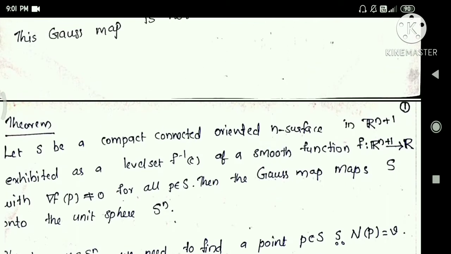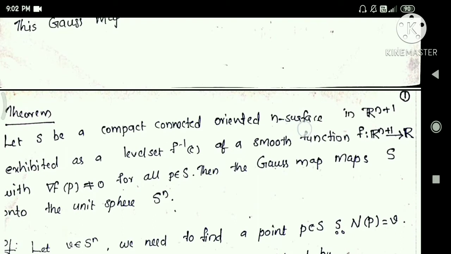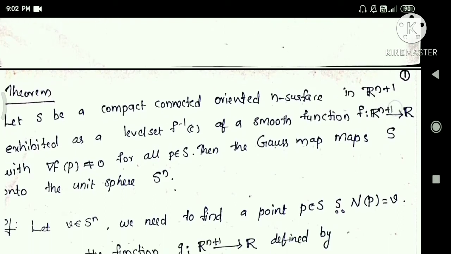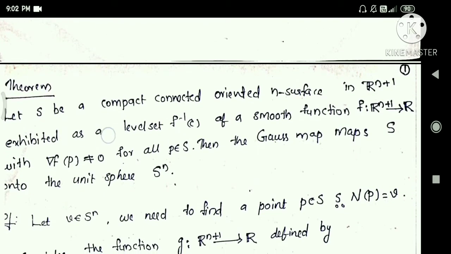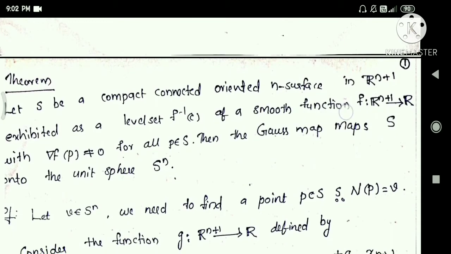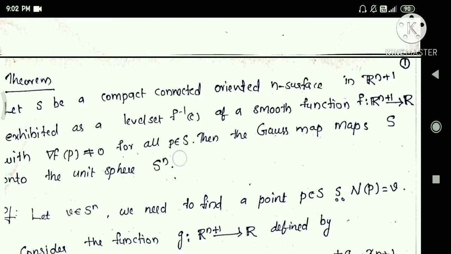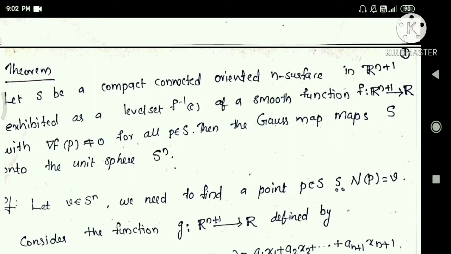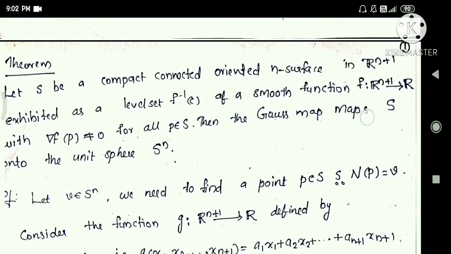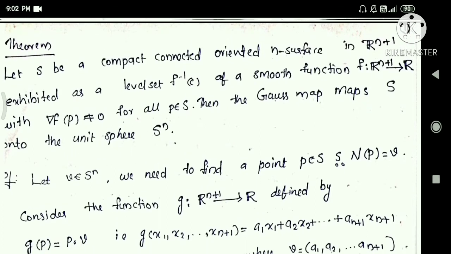That is, let S be a compact, connected, oriented n-surface in R^(n+1), exhibited as a level set f^(-1)(c) of a smooth function f from R^(n+1) to R with del f(p) not equal to 0 for all p belonging to S. Then the Gauss map maps S onto the unit sphere S^n.